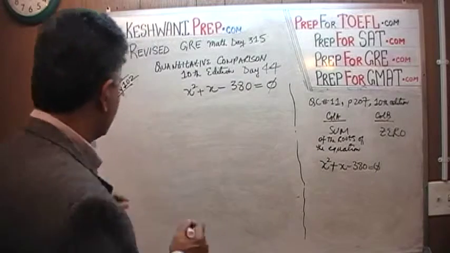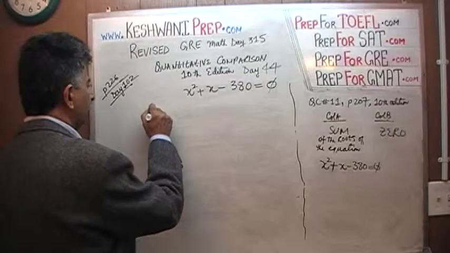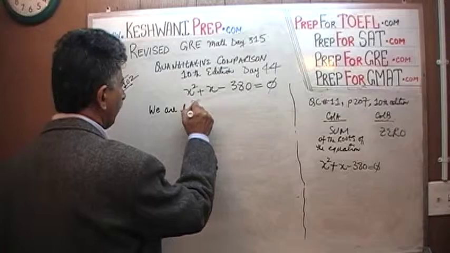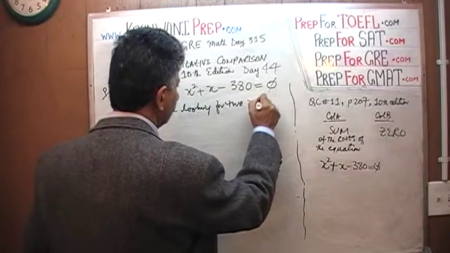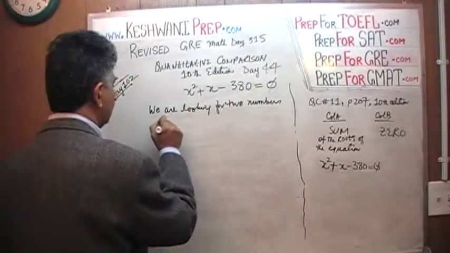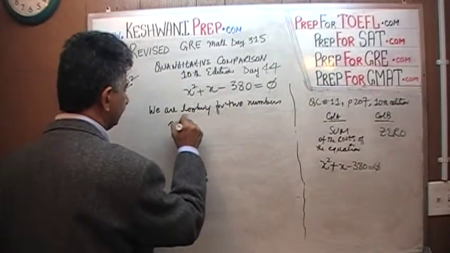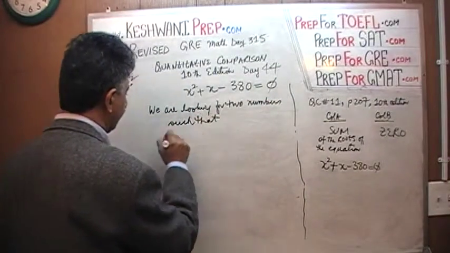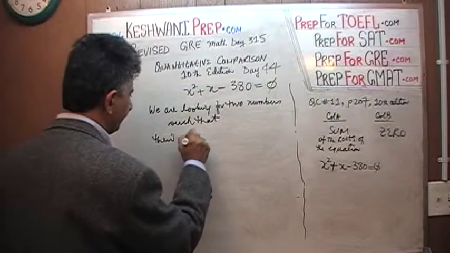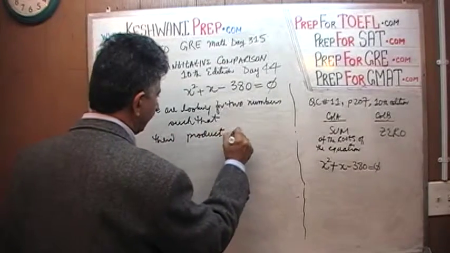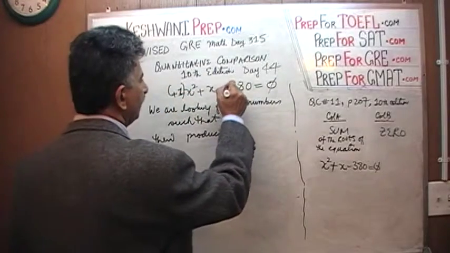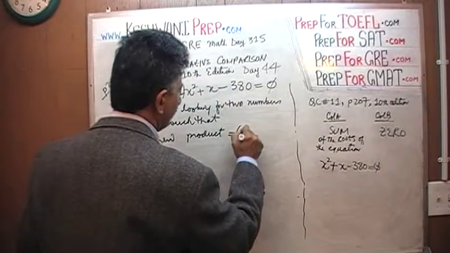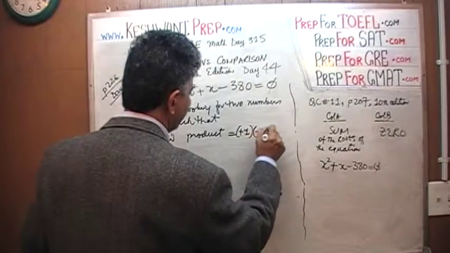What we're looking for here is two numbers such that their product equals, so this is positive 1, their product equals positive 1 times a negative 380.